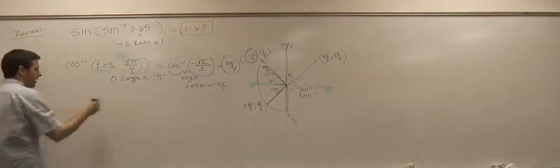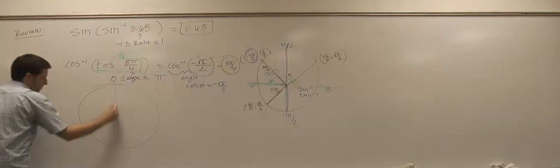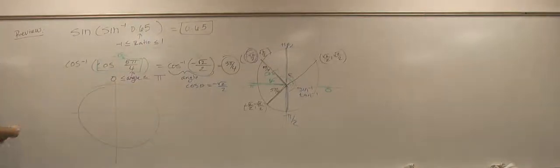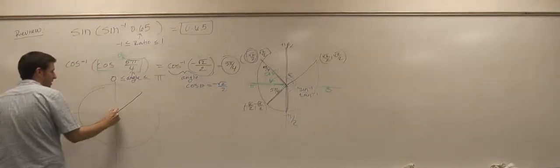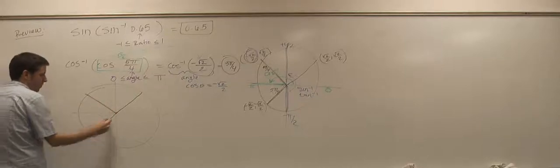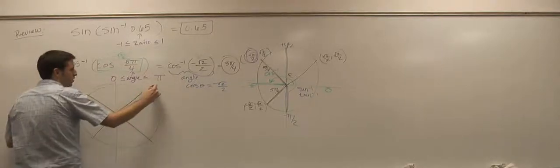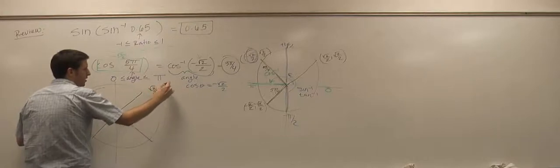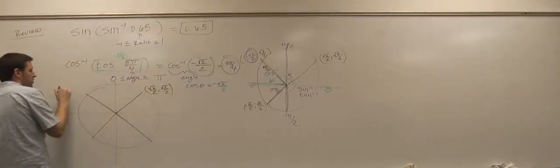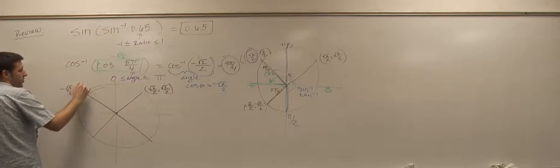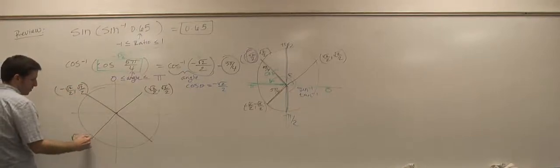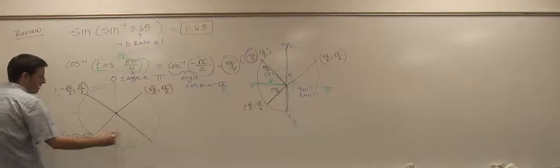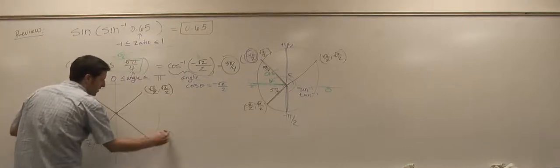So if you look at your unit circle, just to put this all together, there are only so many places where cosine is root 2 over 2. Right, on the unit circle, these are the angles where you're going to have some sort of root 2 over 2. And depending on the quadrant, you get different signs.